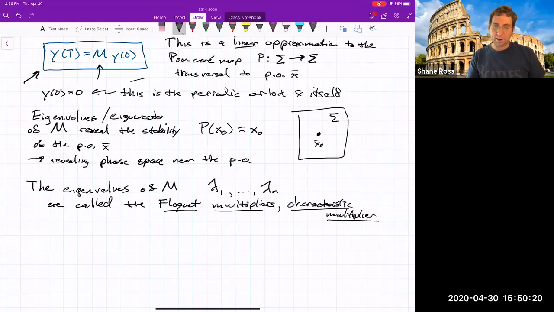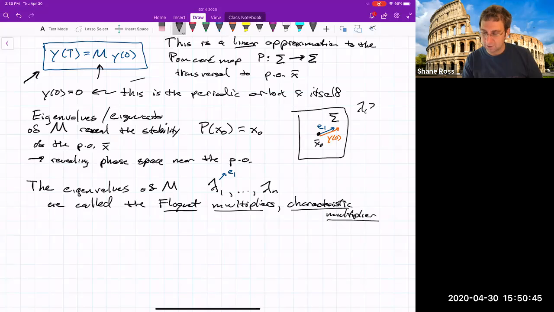Why is it called a multiplier? Because of the corresponding eigenvector, let's call that E1, and let's say this is the direction E1. If I had a displacement exactly in that direction, and let's say lambda 1 is much greater than 1, then after I've gone around the periodic orbit once, I will map in that same direction.